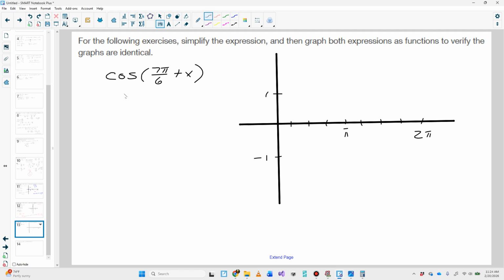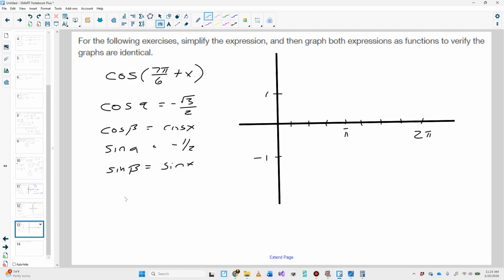So let's use the formula for cosine when we add two variables together. That's going to be cosine of alpha, which is the cosine of 7 pi over 6. Well, the cosine of 7 pi over 6 is negative square root of 3 over 2. The cosine of beta is just cosine x. All right, sine of alpha is negative 1/2, and the sine of beta is sine of x.